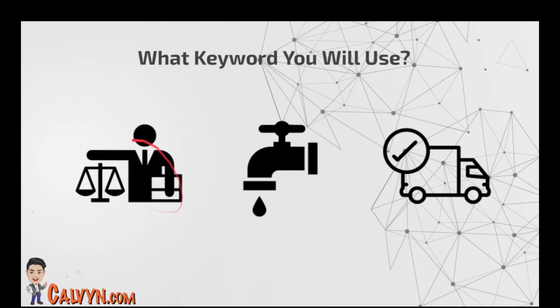Okay, this one. What should you call this, ladies and gentlemen, with a person over here and a weight over here? Lawyer, yes. Some people say lawyer, some say attorney. What else would you name this?